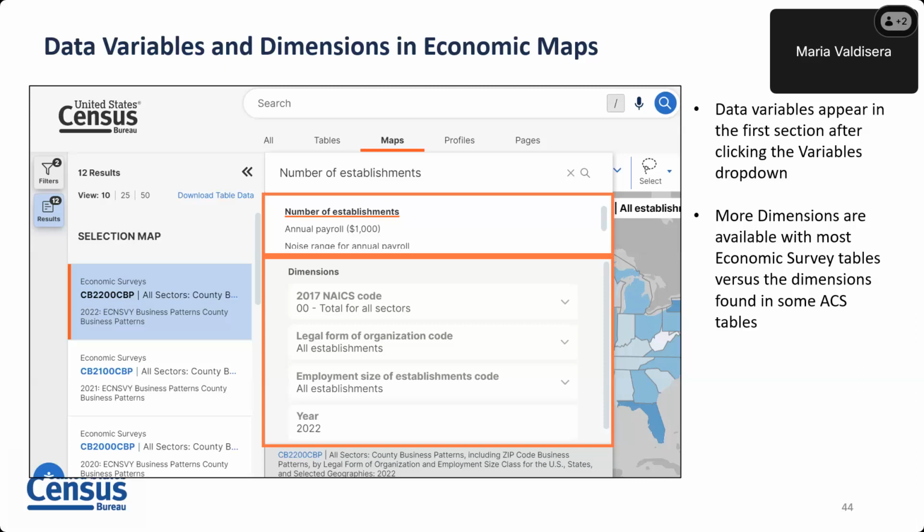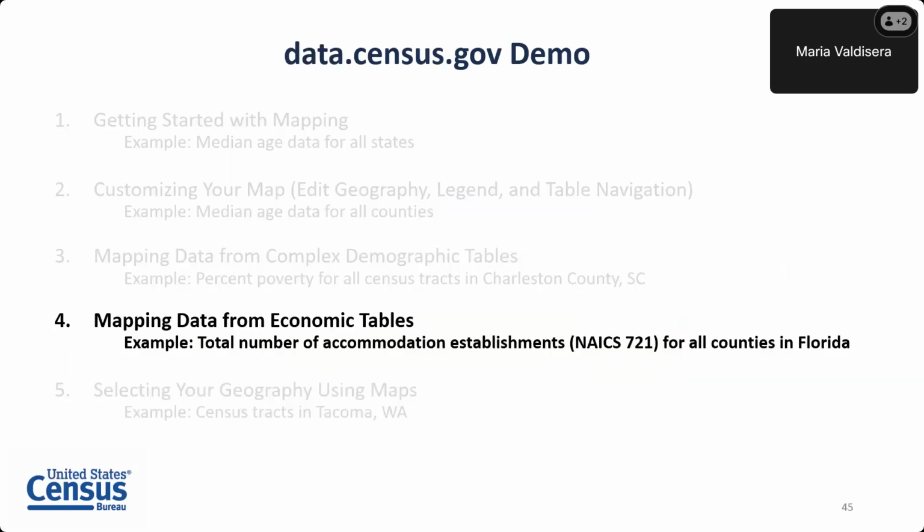So that's how it's going to look when we get into our fourth example, which is looking at the total number of accommodation establishments, which is NAICS or Industry Code 721 for all counties in Florida. So I'm going to use another slightly different method for this example.